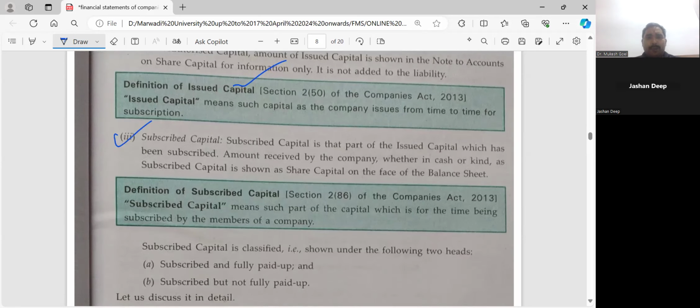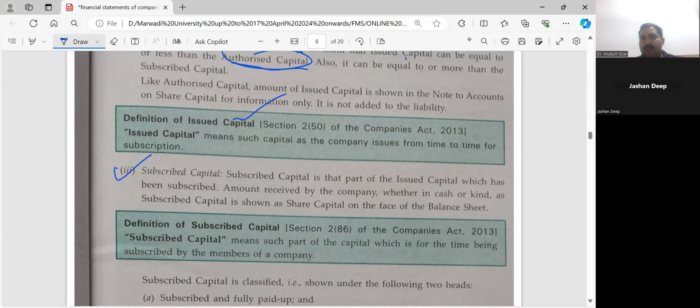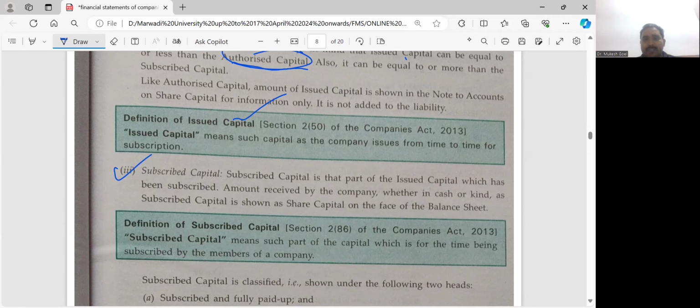Now subscribed share capital. Subscribed share capital is the part of issued capital which has been subscribed. The amount received by the company, whether in cash or kind, as subscribed capital is shown as share capital on the face of the balance sheet.